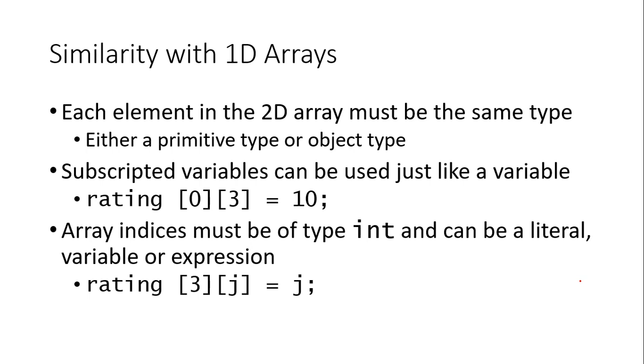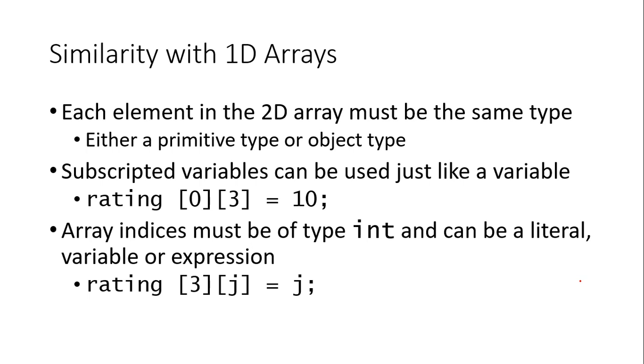Now, similarity with 1D arrays: each element in the 2D array must be the same type. You can have primitives, like ints, doubles, stuff of that nature, and you also can have objects. So let's say I make a student class, or I can make a two-dimensional array of the dessert items that we made in our dessert shop classes. Subscripted variables can be used just like a variable, so I can say rating[0][3] = 10.